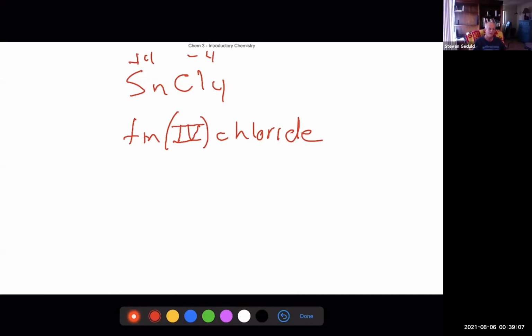Now, where a lot of things get confused is when there's a subscript there. Say we had this compound. That would be tin again, and it's a transition metal. You've got to tell what the oxidation state is. And then chloride.